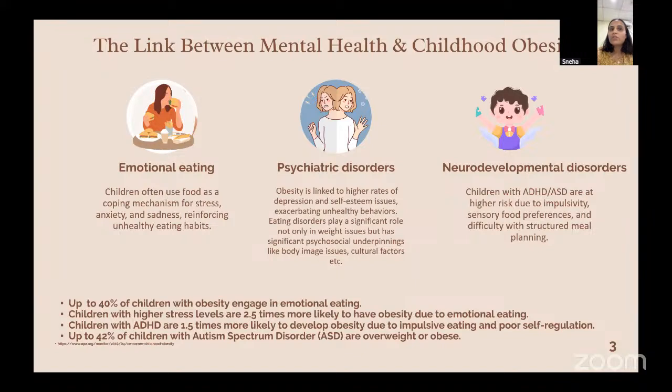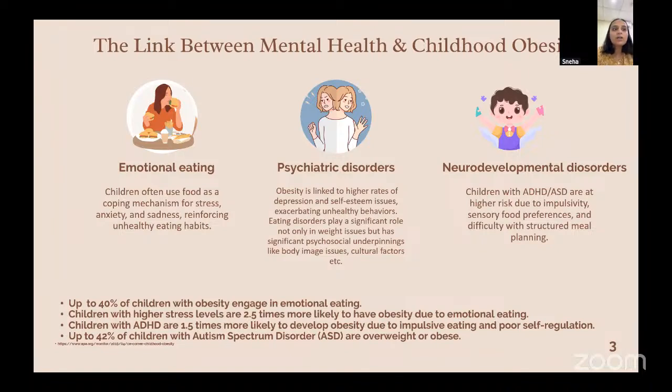Neurodevelopmental disorders: children with autism, ADHD, and also intellectual disability are at higher risk of developing obesity, because especially in autism and ADHD there is something called the impulsivity domain, which makes them eat more. It is a problem with the reward mechanism. It is similar to addiction. Like there are addictions to drugs, there can be addiction to food as well, which can again lead to obesity.